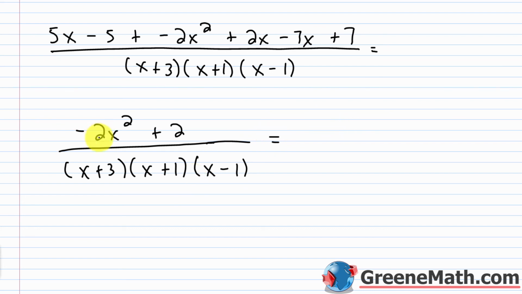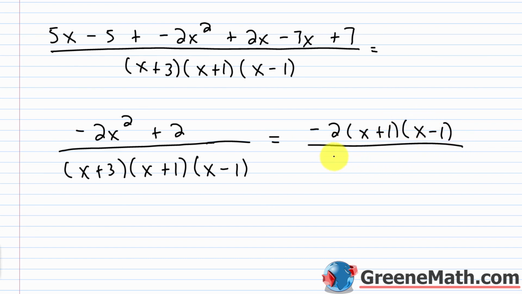So in the numerator, if I were to pull out a negative 2, what would that leave me? I would have negative 2 times, in parentheses, x squared. The sign here would change, so it would be minus, and then if I pulled out a 2, it would be 1. Now remember, x squared minus 1, that's the difference of two squares. So I can further factor that into the quantity x plus 1 times the quantity x minus 1.